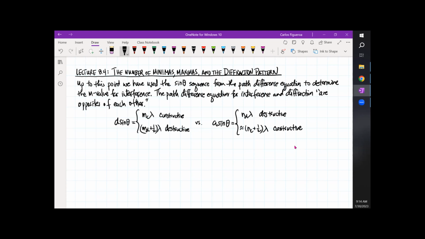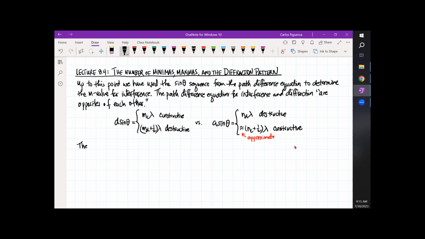So all of these relationships are exact except this guy. This is approximate for the first three constructive interference cases in diffraction.